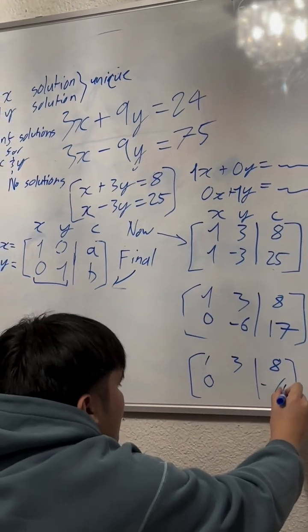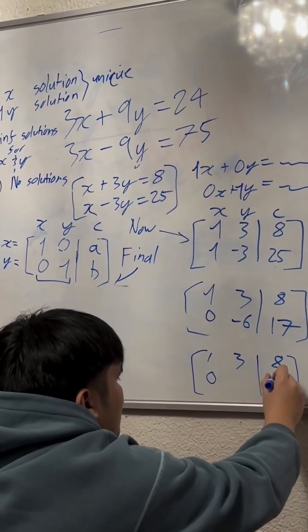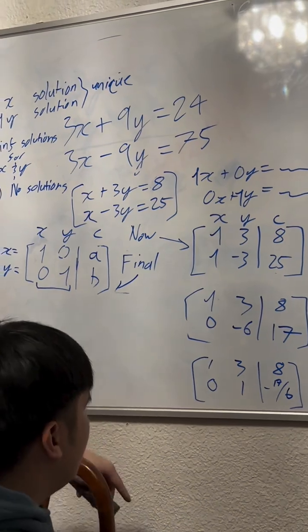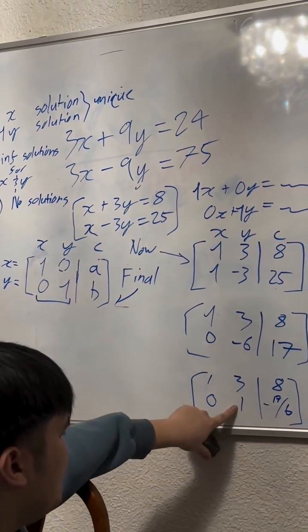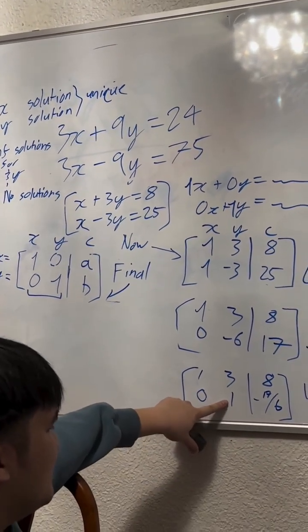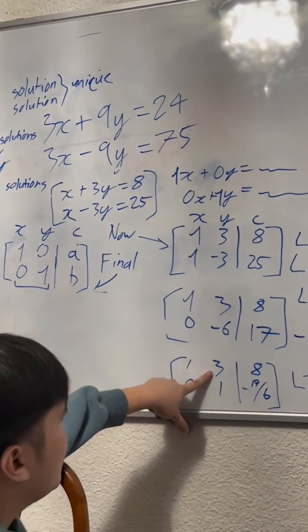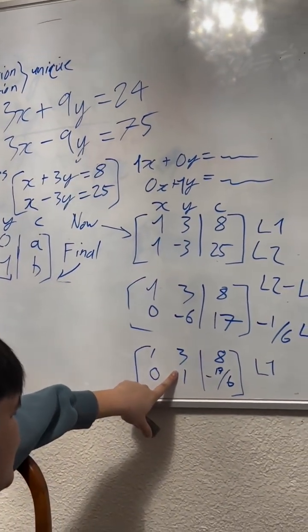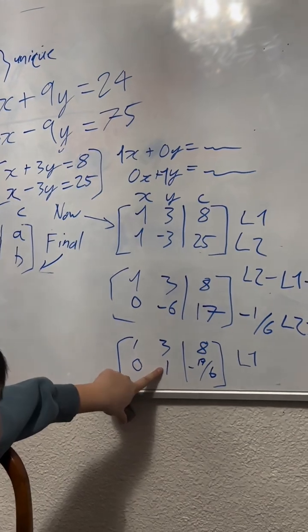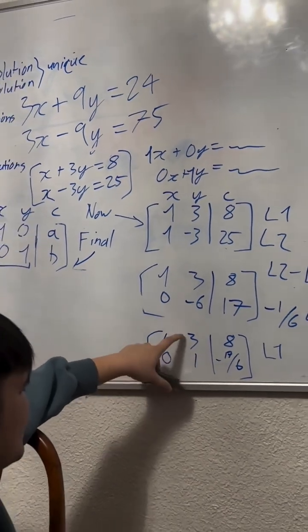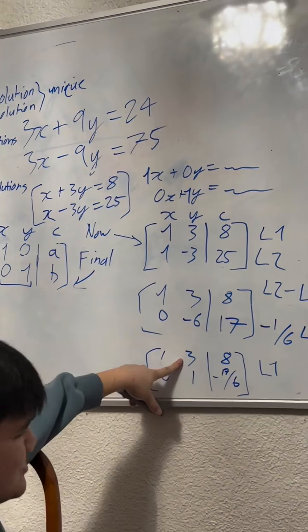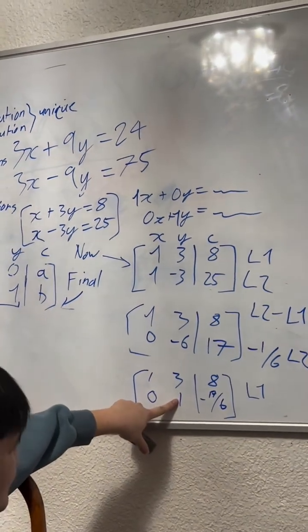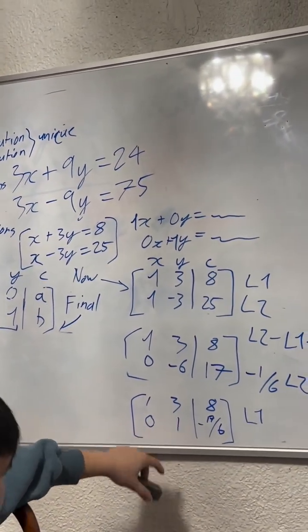Let's try again. Can we multiply this by any number where this number will end up being 0? Can we multiply this by any number where when you add or subtract this number with whatever this number is, it's going to be 0?